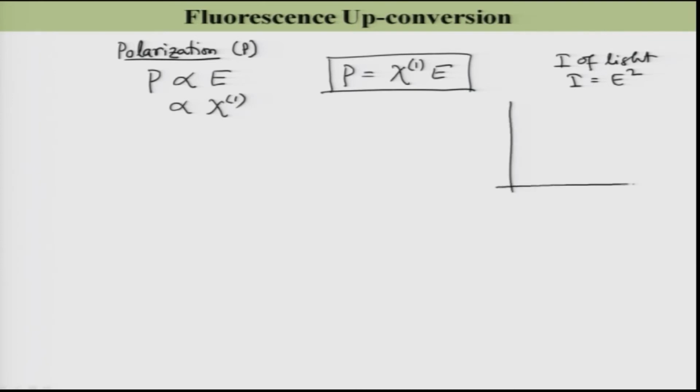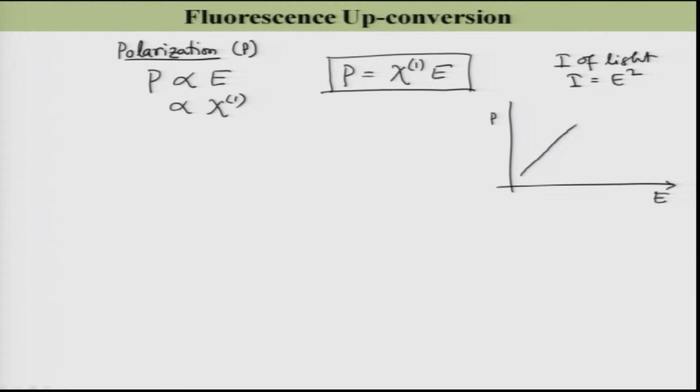If I now plot P versus E, then I will get a straight line, right, because P is some constant into E.